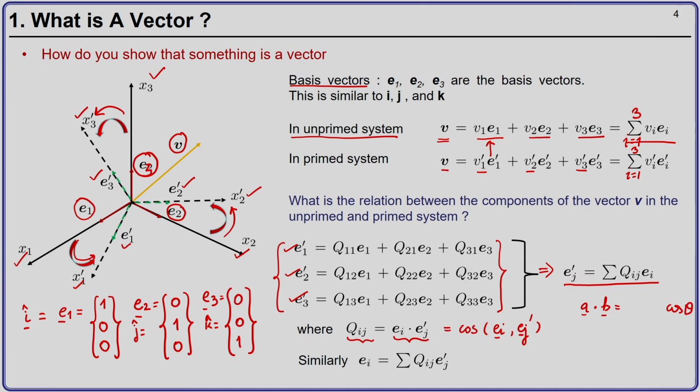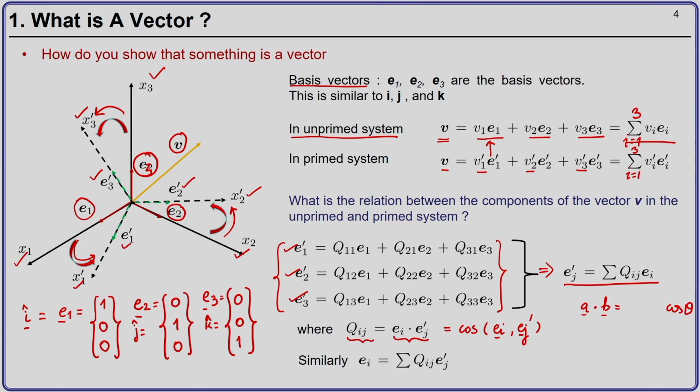Can you write Ei in terms of Ej dash? Yes, you can do that, because Ei themselves are vectors. When you look from the primed system, you can see Ei's, where i goes from 1 to 3, as vectors. So, you can express them in terms of the basis vectors of the primed system given by the following equation.